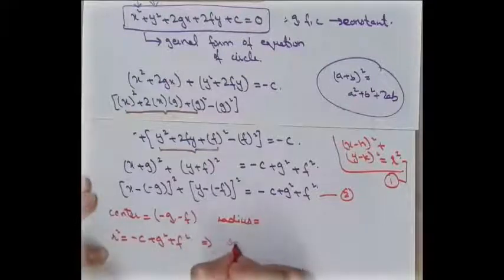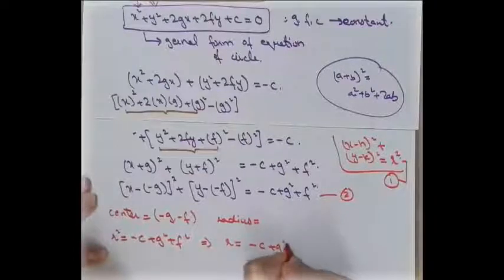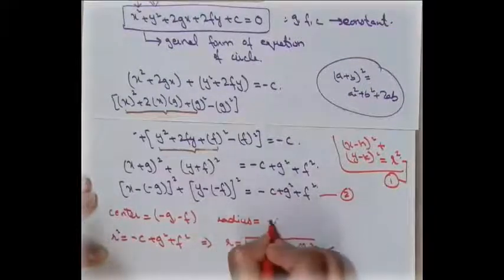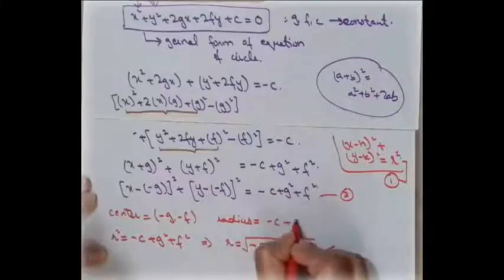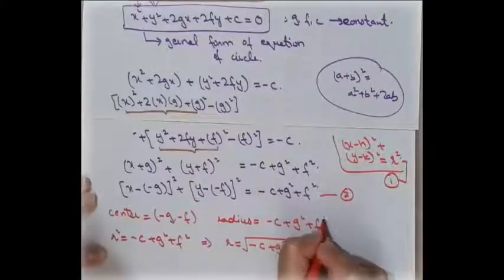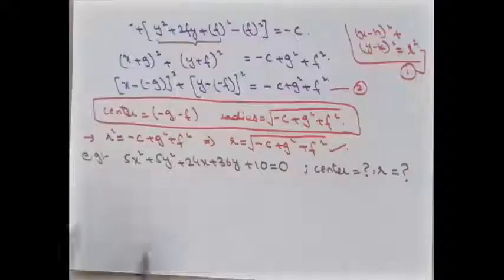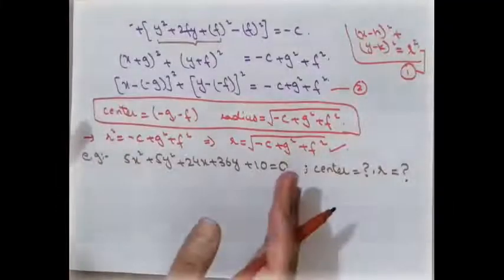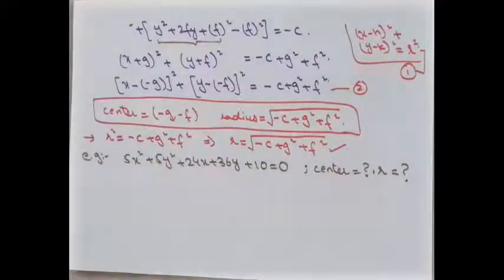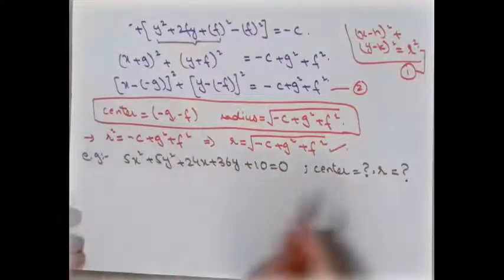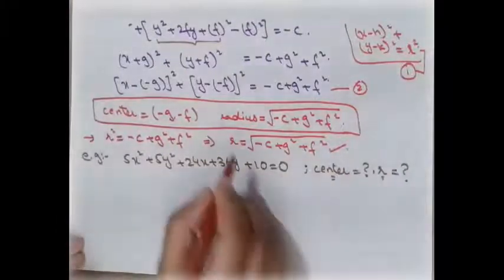So if we take the square root on both sides, we are left with r equals the square root of g square plus f square minus c. So here is the radius from our general form of equation. Then we have to compute the center and the radius of this equation.